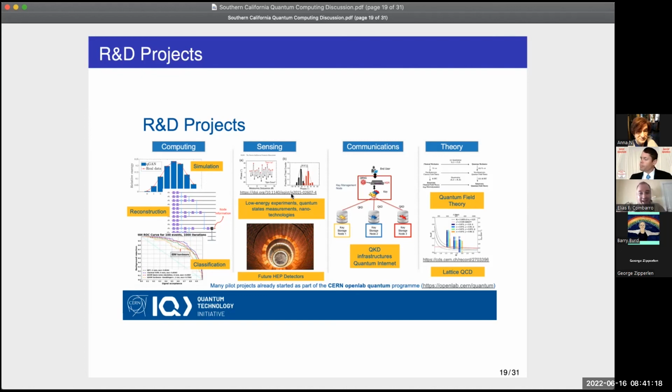Mathematically, we can't prove that quantum computing is more powerful than classical computing because we cannot even prove that P is different from NP. But assuming that there is this separation, you can prove that for some artificially created data sets, quantum machine learning is more efficient than classical methods. On the other hand, we don't know if it is the case for practical problems. Is this kind of data set something that you will find in a real life problem? We don't know. That is the kind of situation that we want to explore with this kind of project.